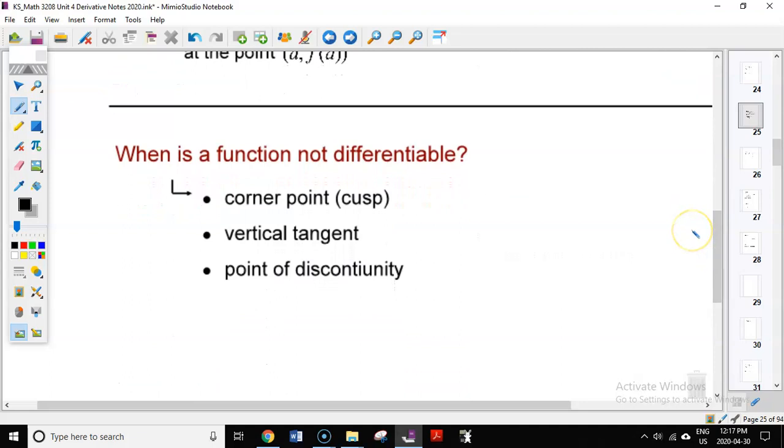So visually, when you're looking at a graph, you can look for these three things. So a corner point or a cusp are very similar. A corner just means you've got a line meeting with another line, so a V. A cusp just means one or both of these are a curve.